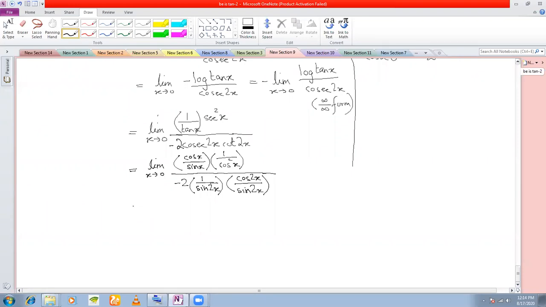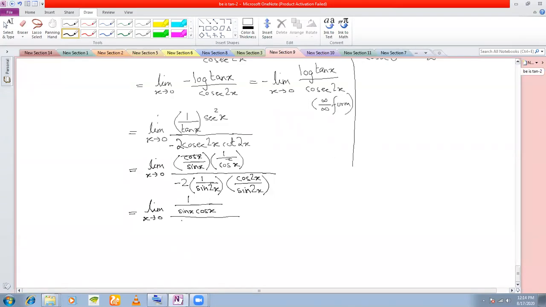In the next step, what I can do is this one cos will cancel here. So limit x tends to 0, you get 1 by sin x cos x, divided by, and here nothing will cancel.